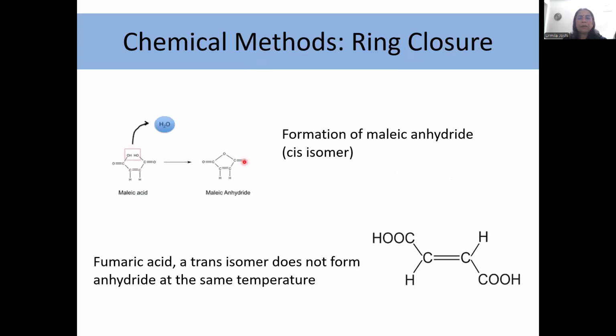The chemical method of ring closure. Look at this. This is maleic acid, and maleic acid, when heated, forms maleic anhydride by loss of a water molecule. Now, its geometric isomer is fumaric acid. Fumaric acid does not form anhydride at the same temperature.